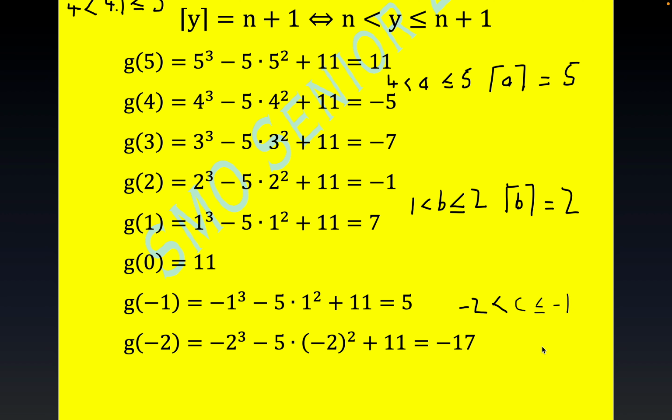And this is just how the ceiling function is defined. So that means the ceiling of C is negative 1. See, it works the same way. Not the floor, the ceiling. Okay, so it's negative 1. My bad, folks. Minus 1 right there.